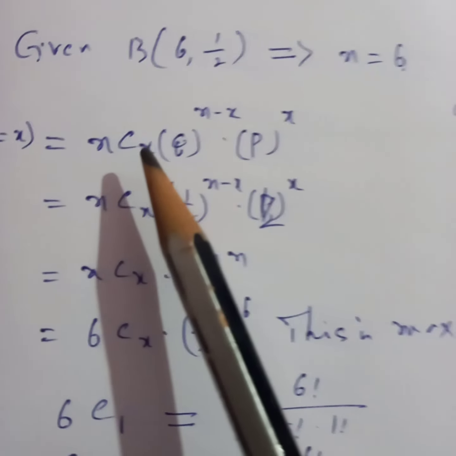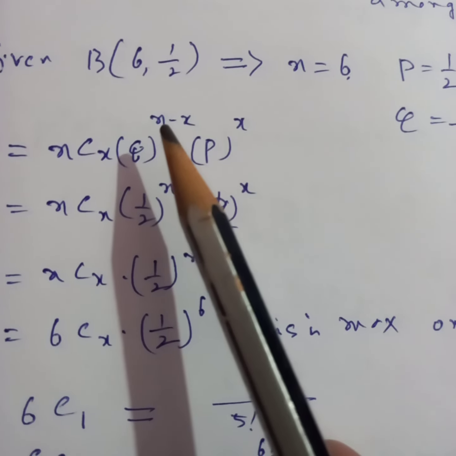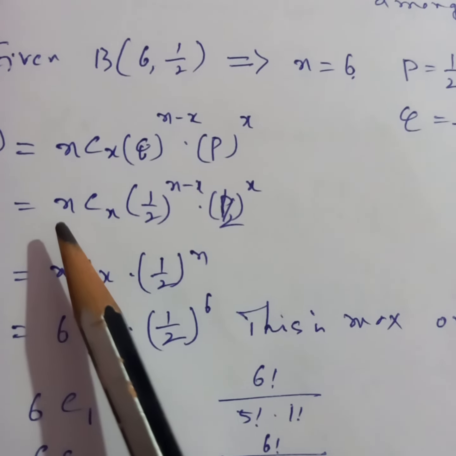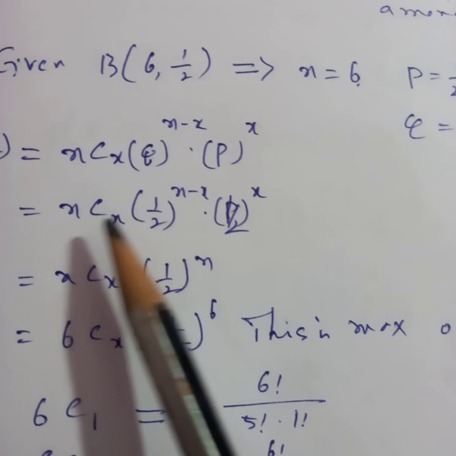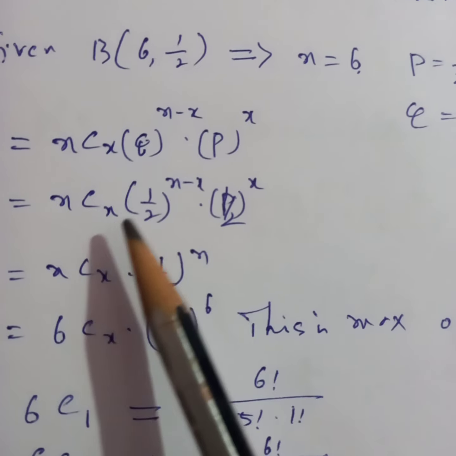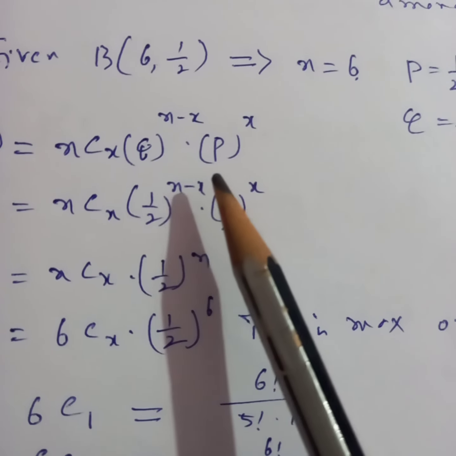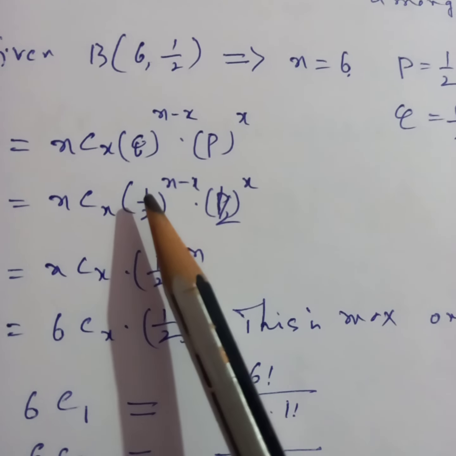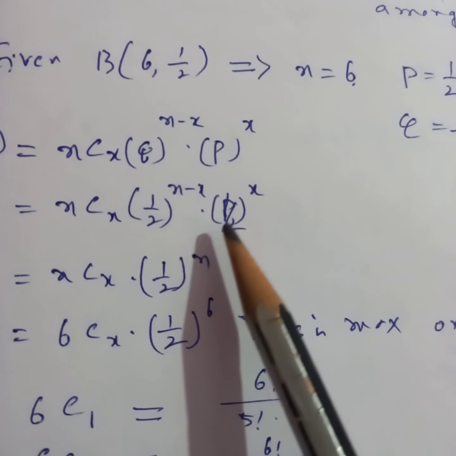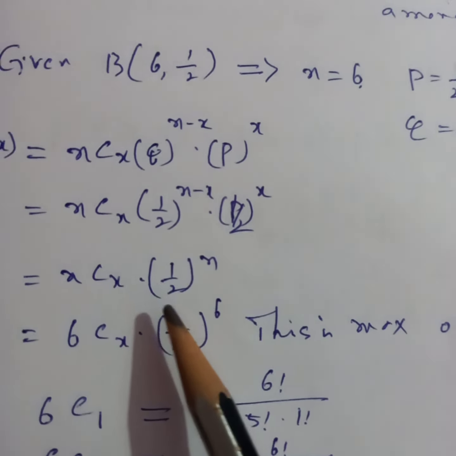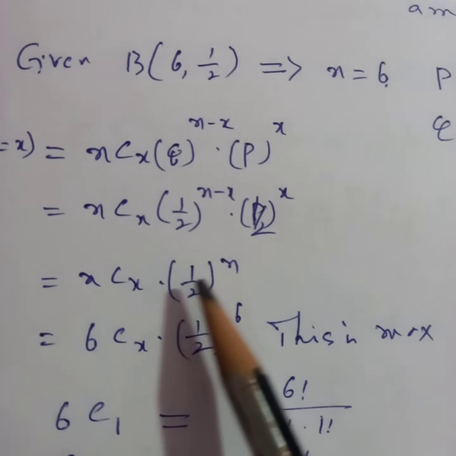P(X = x) is equal to nCx, q to the power of n minus x and p to the power of x. N is how much? 6. 6Cx. So half to the power of n minus x and again half to the power of x. This becomes half to the power of n minus x plus x by law of indices.